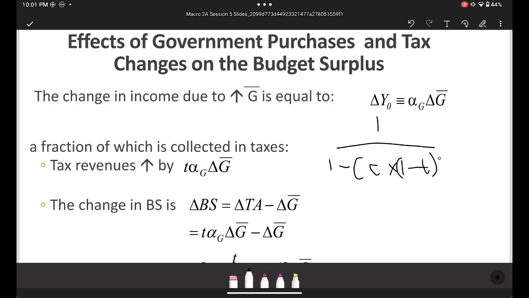That is our multiplier. And we times this by whatever autonomous expenditure, and this is the government. So if the government spends 100 rand, how much will output increase by? So we'll use this equation. This is the exact same thing. A_G is basically this whole thing here, fraction.